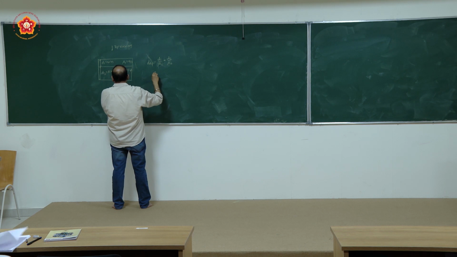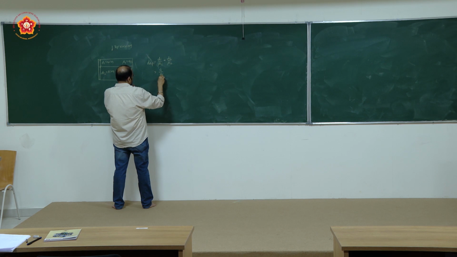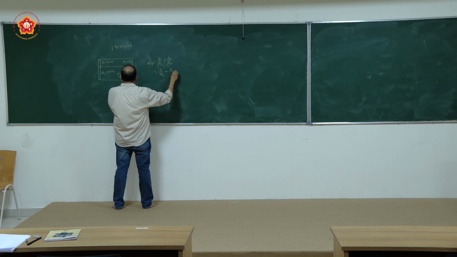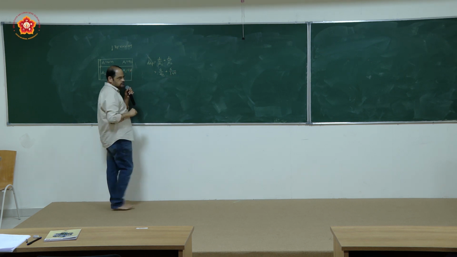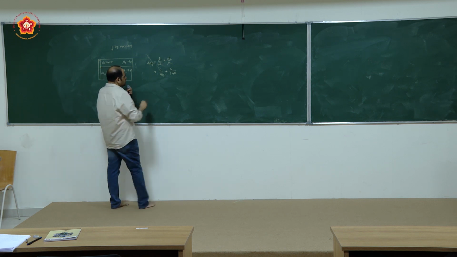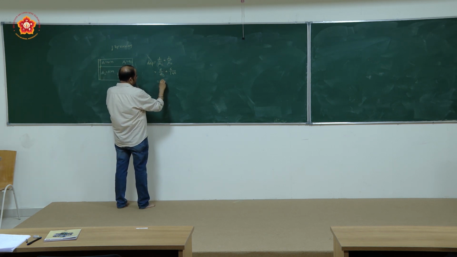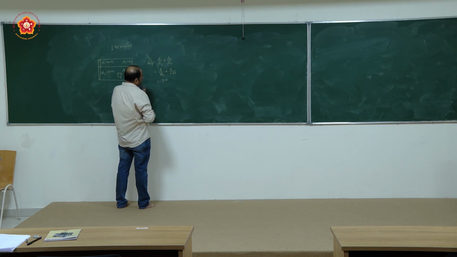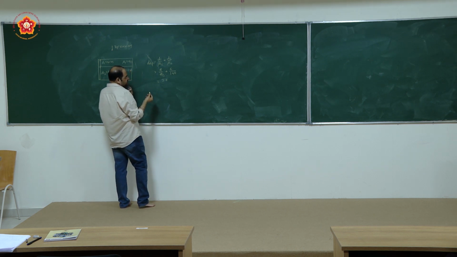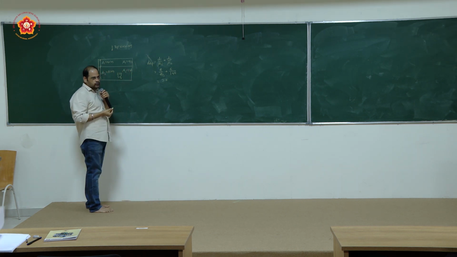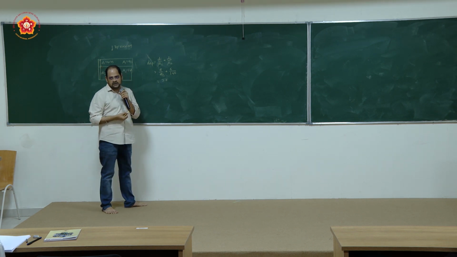So 4 divided by 4/3 plus D2, that is 6 divided by 1.48. The 4 gets cancelled here, producing 3, plus 6 upon 1.48. If you take it as 1.5, then it will be 4. 3 plus 4 will be 7. So you can calculate that value and put down the answer here.